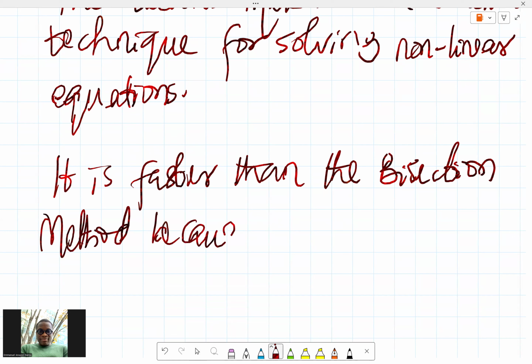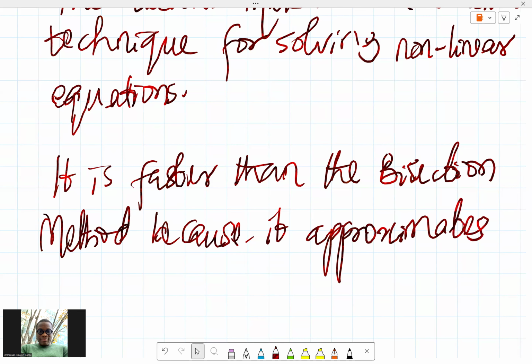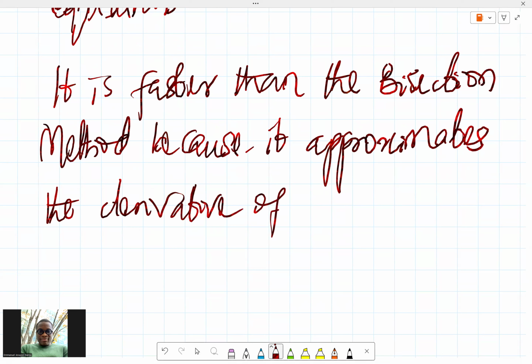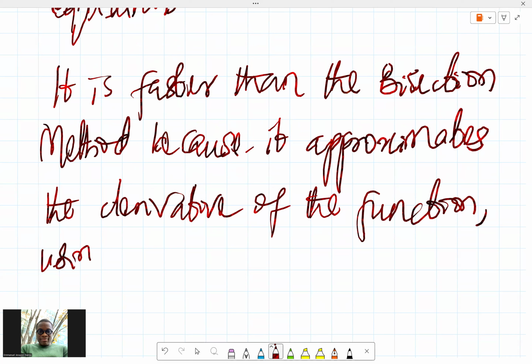It is faster than the bisection method because it approximates the derivative of the function using two initial guesses.